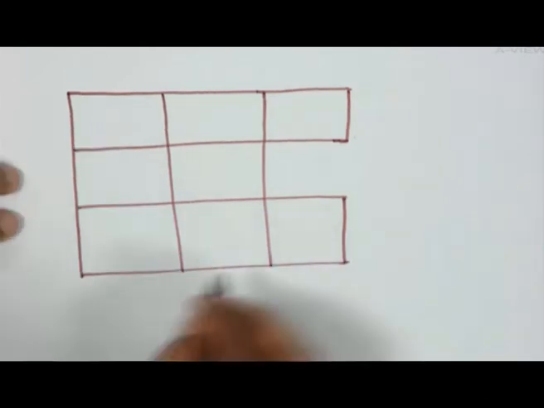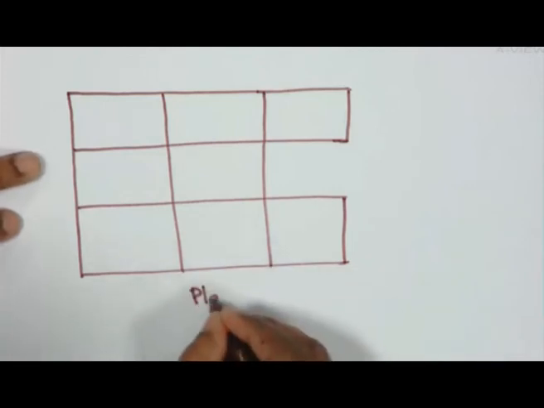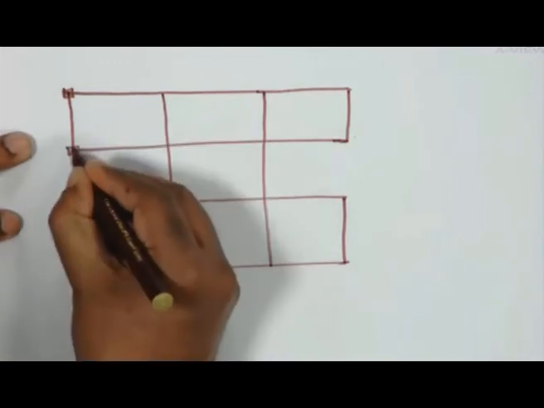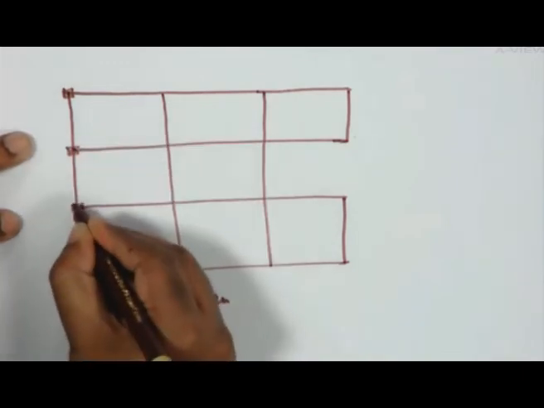Let us say this is the plan. You are having columns here, beams, other things are there.